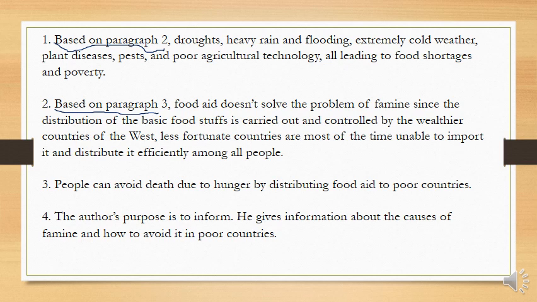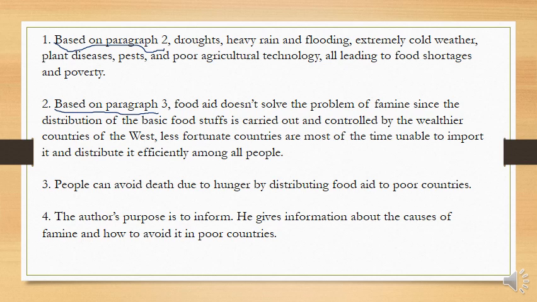Food shortages and poverty. Number 2, based on paragraph 3, food aid doesn't solve the problem of famine since the distribution of the basic foodstuffs is carried out and controlled by wealthier countries of the West. So less fortunate countries are unable to import and distribute it efficiently among all people.